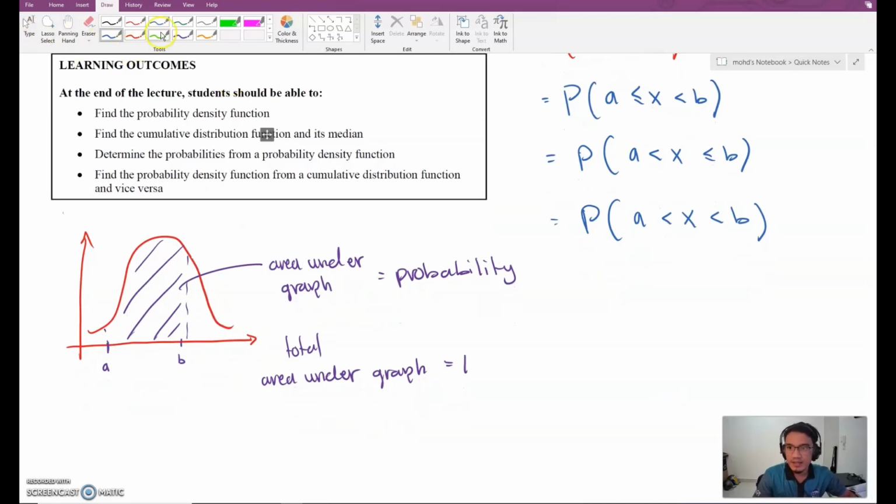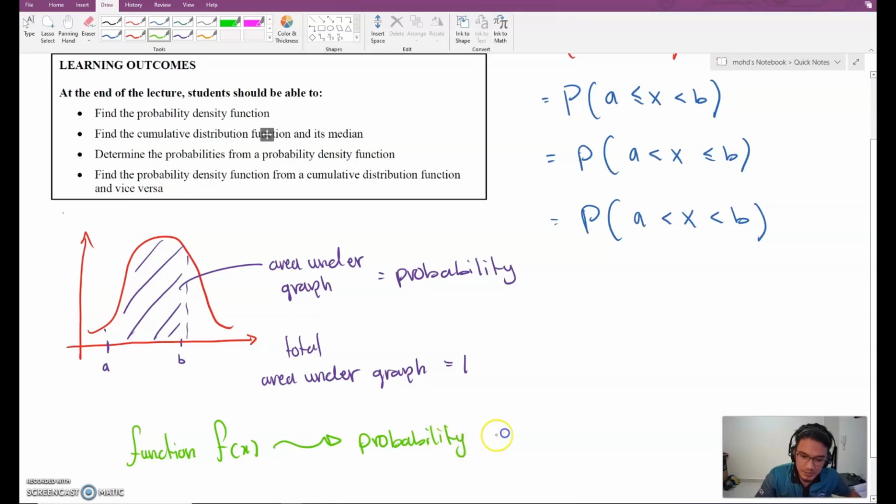The function f(x) which represents the probability distribution curve is called the probability density function.